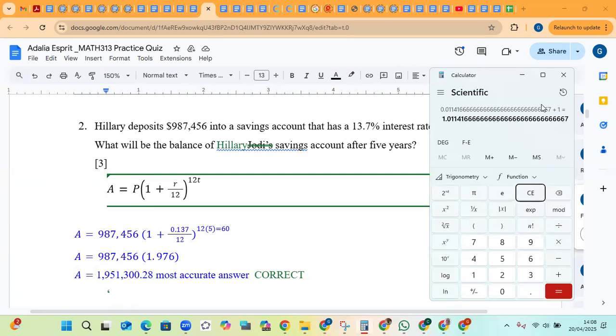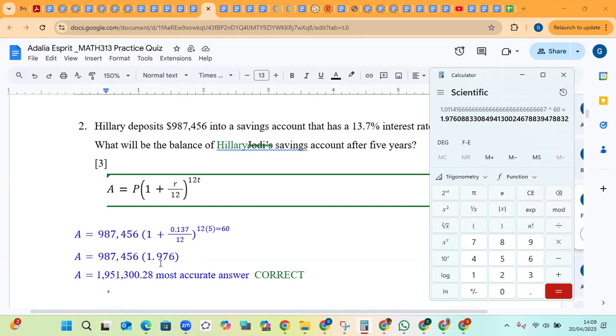So that's 1.011 for 1, 6, 7, etc. And let us now raise this, because you must raise to the power, you must do the exponent before you multiply. Brackets first, exponents, and then you multiply. So we've got to raise this up now, that 1.01141, to the power of 60.